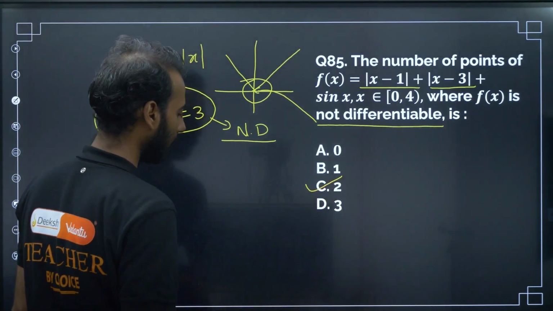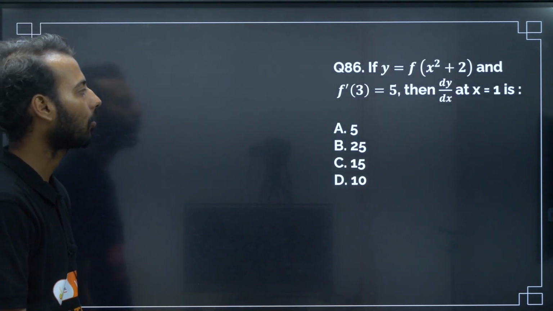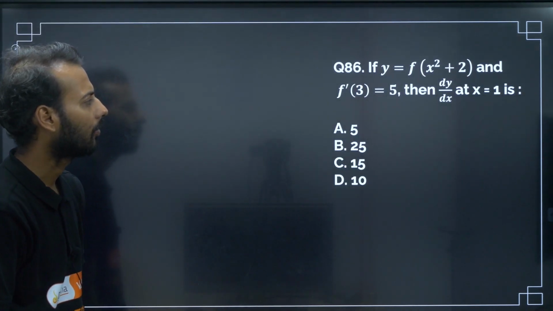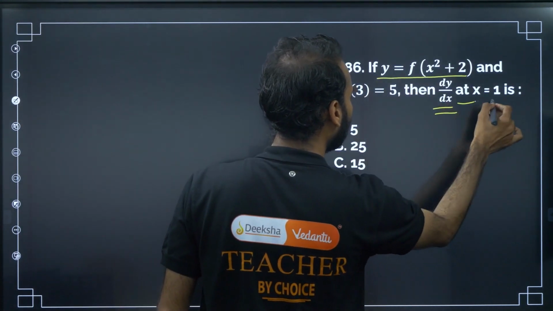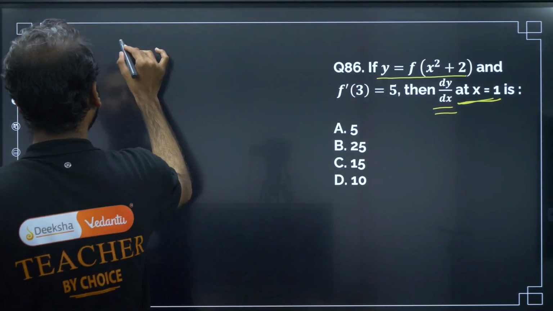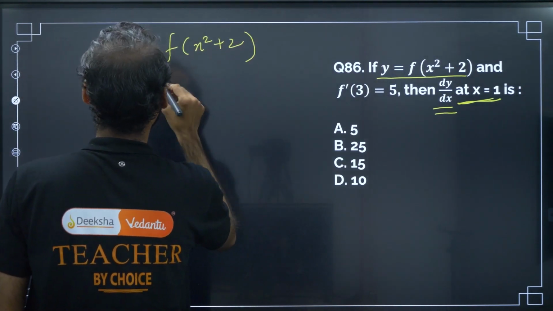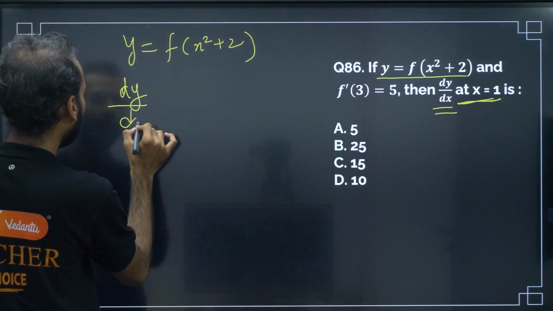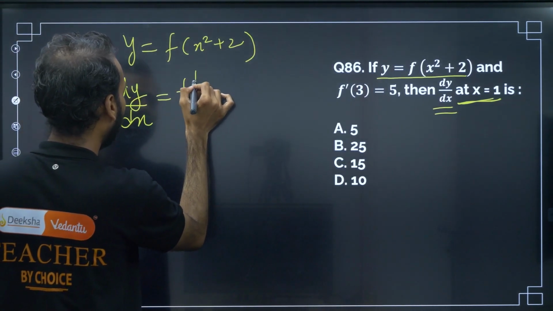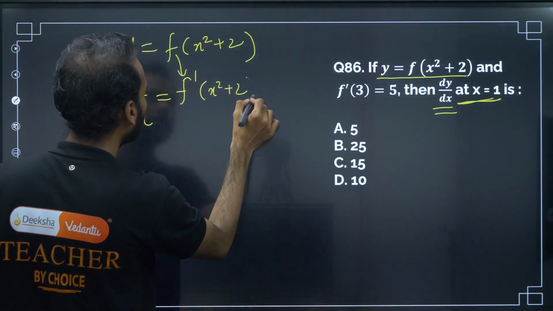If y is equal to f of x square plus 2, and f dash is given, then dy by dx, they have given some function, they are asking to find dy by dx at some value. So y is equal to f of x square plus 2, differentiate with respect to x, dy by dx is equal to f dash of x square plus 2.